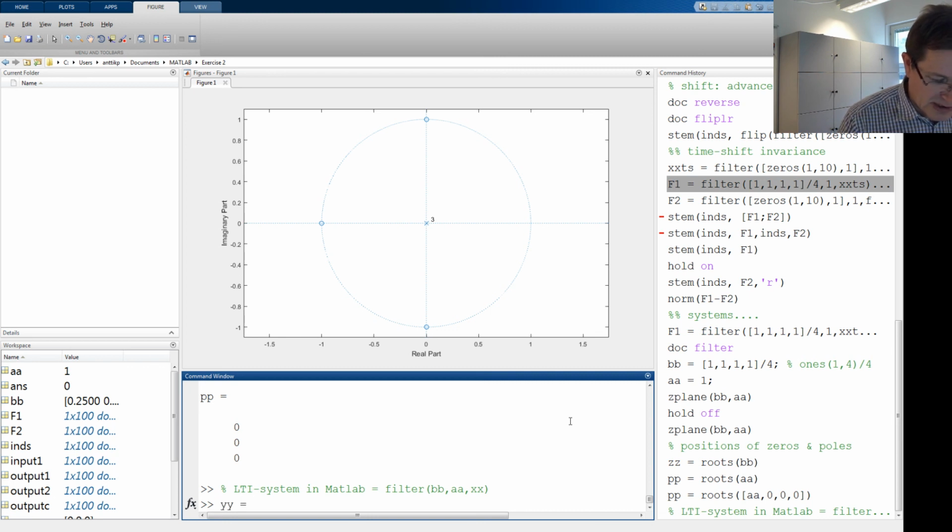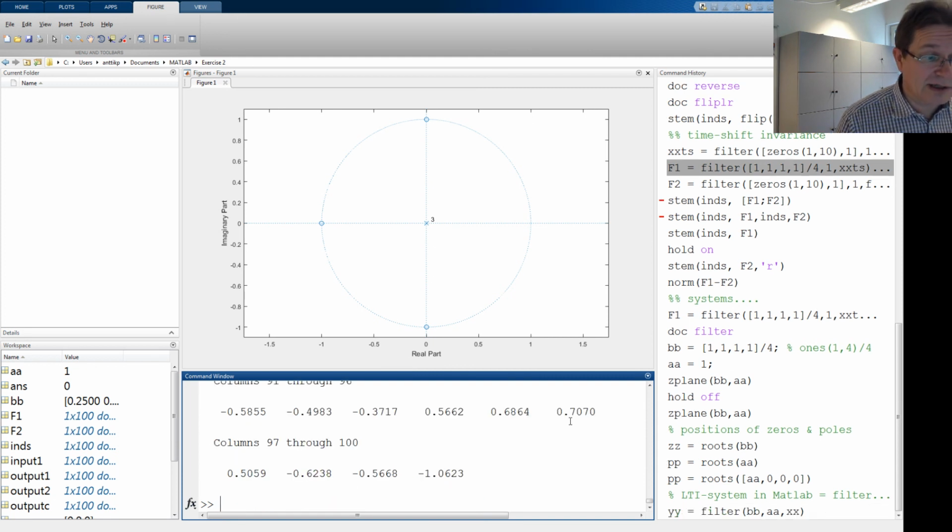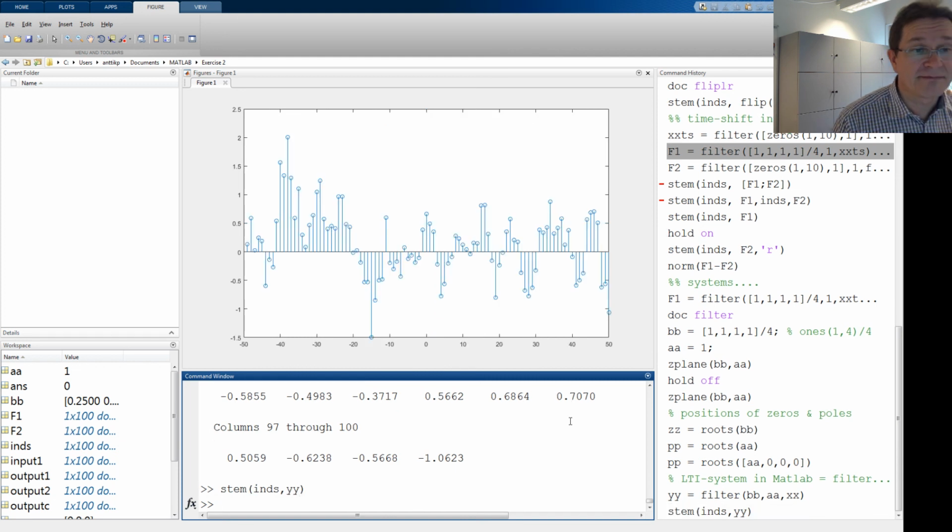y equals filter. I have defined b, a, then the input, I have something like that. Oops, semicolon would be nice, but anyways, who cares? Stem ins, not x1 but y. Yeah, it looks like that. The original looks a little bit different.